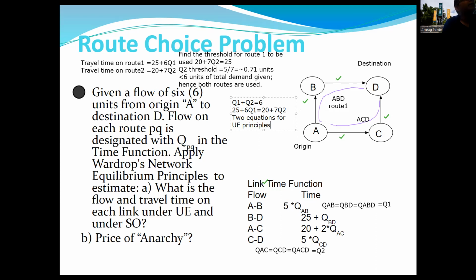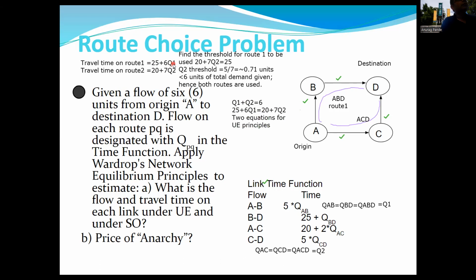And remember, travel time on Route 1, this 25 plus 6Q1 equation, and 20 plus 7Q2 equation, that's the travel time that one vehicle is taking on this route. So anybody who's going on this route is going to take this much travel time, depending upon how many people are using that route.